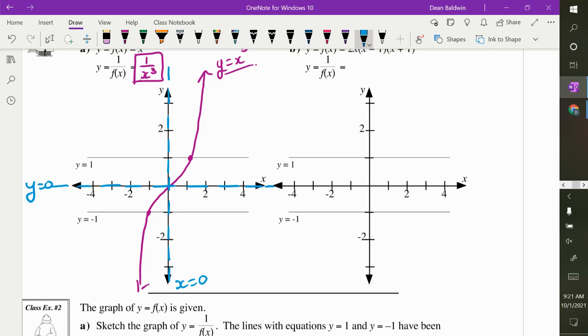So if the original graph at this point has a value of 2, and I do the reciprocal, what's 1 over 2? A half. I just said it, right? So that point now moves to 1/2. If this is, what do these go up by? We'll just say 3s. If this is 3, and I take the reciprocal of it, where does it go to?